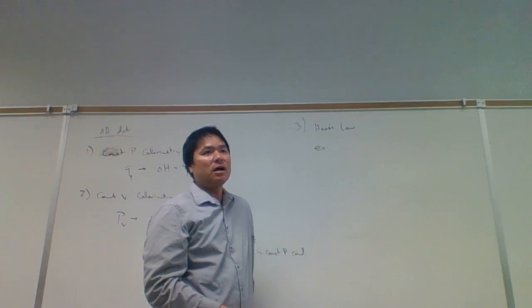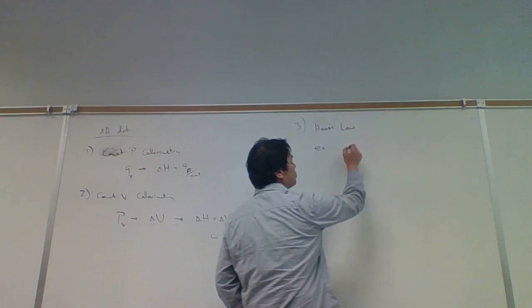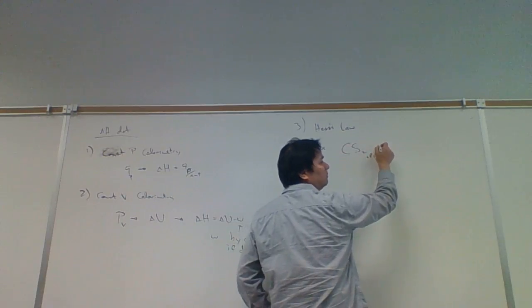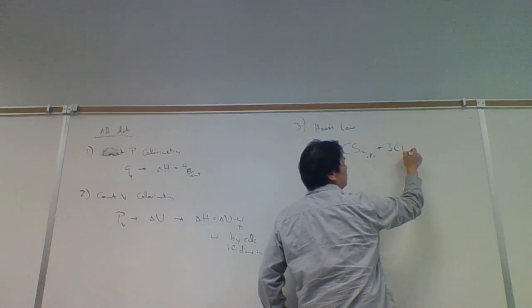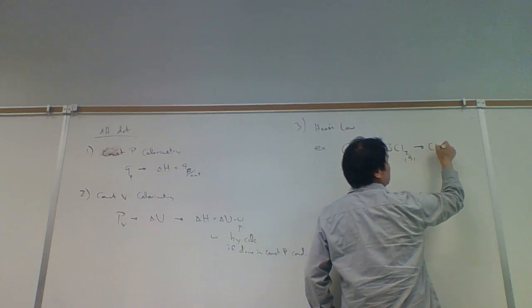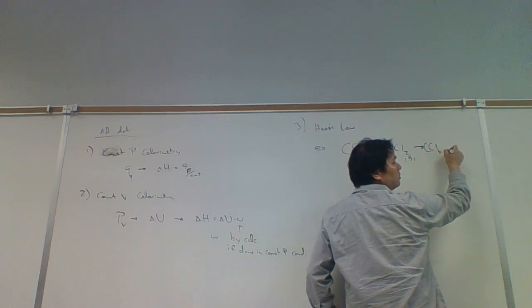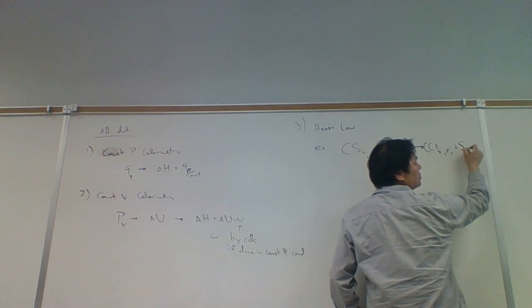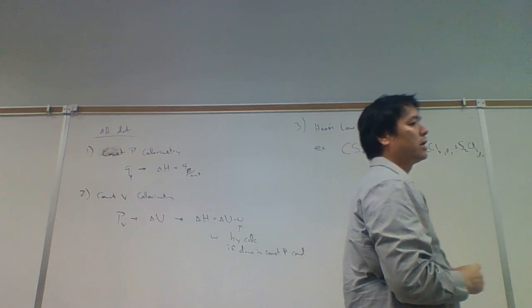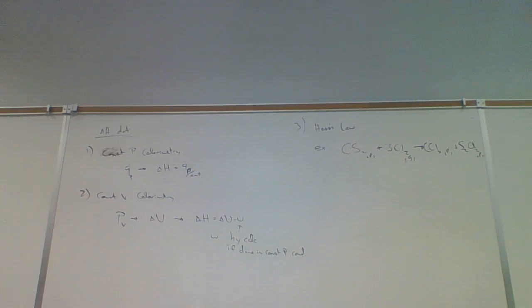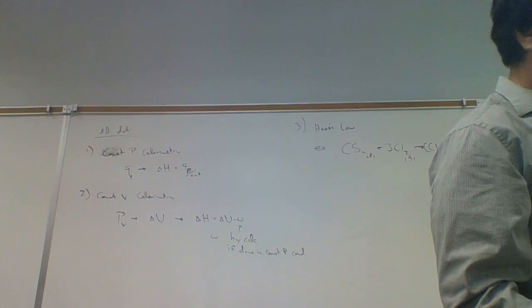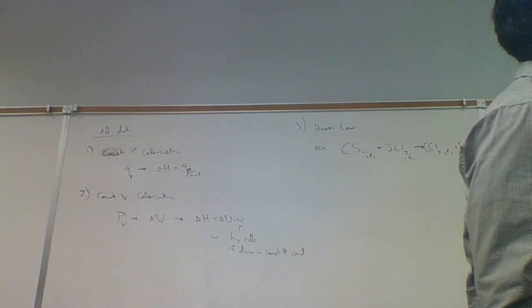Even if you get stuck, you just back up and try something else. And so what we're after is 1 mole of CS2, 3 moles of Cl2 gas, yielding CCl4, carbon tetrachloride liquid, plus S2Cl2 liquid. This is a redox reaction here. And so that's what we're after. And this is the strategy that we use.